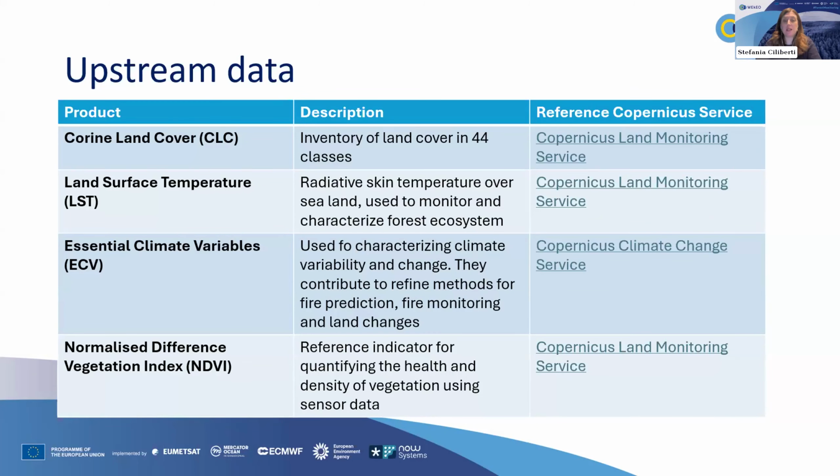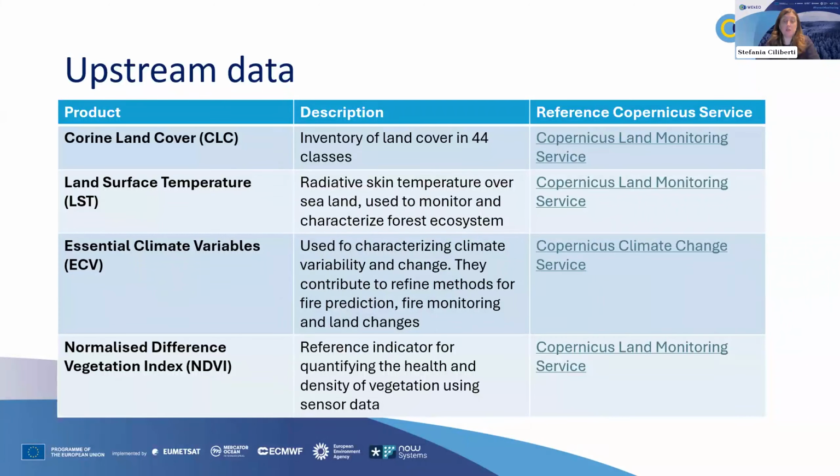In particular, this slide summarizes the main upstream data that have been accessed and used throughout this training session. Indeed, Alexander already showed you how to access them from WEkEO. So I basically used 4 products: the CORINE Land Cover, made available by the Copernicus Land Monitoring Service, the land surface temperature, also provided by the Copernicus Land Monitoring Service, and the essential climate variables.